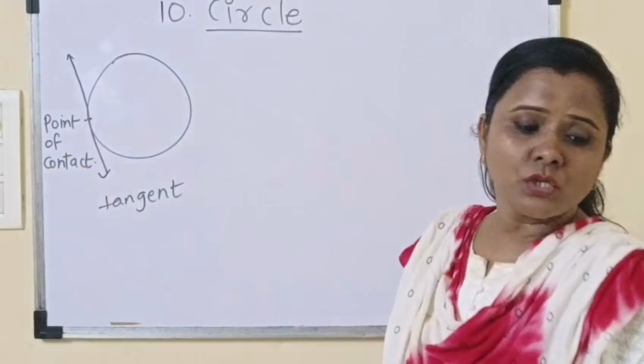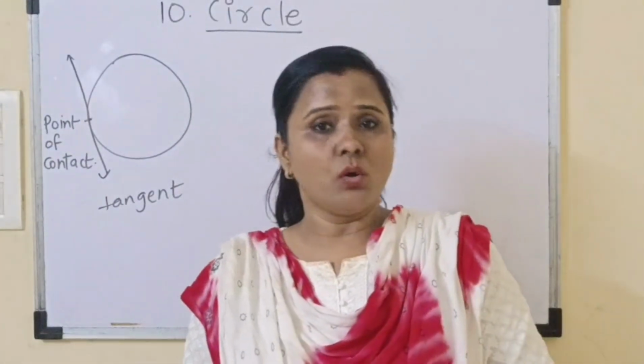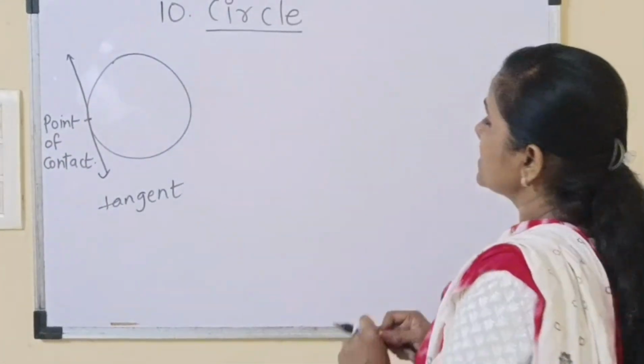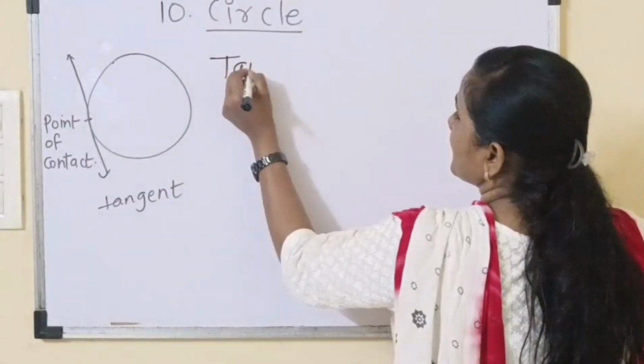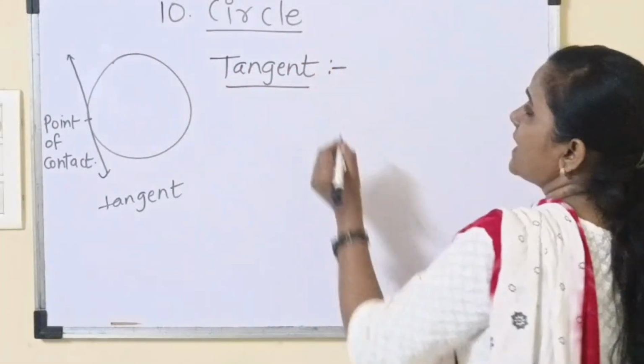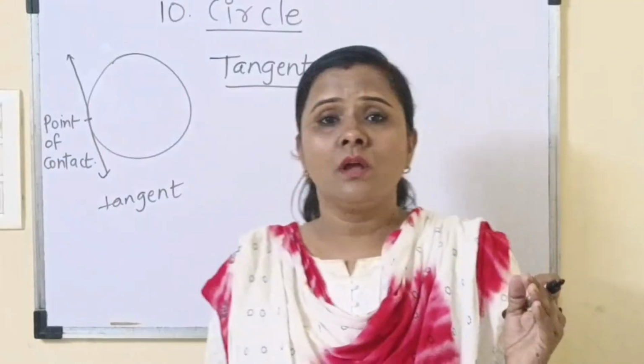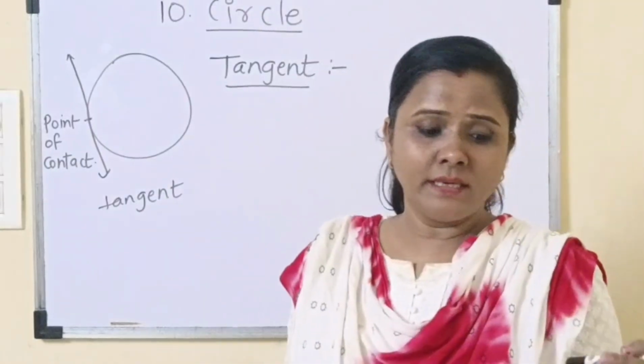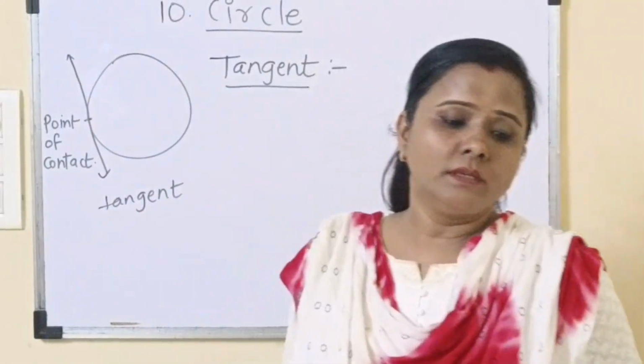Okay, student. So, tangent definition, you have to write this. Write down the definition. Tangent is very important. It will be asked in your definition for 1 to 2 marks or in an MCQ question for fill in the blanks.